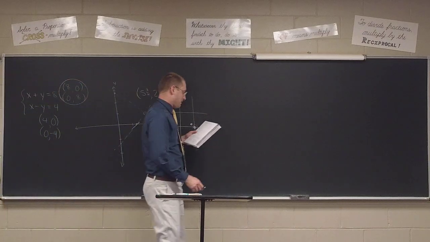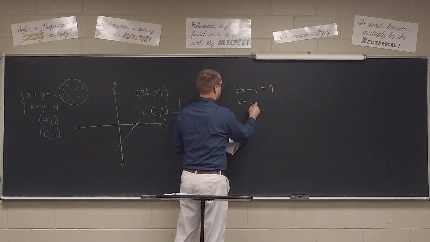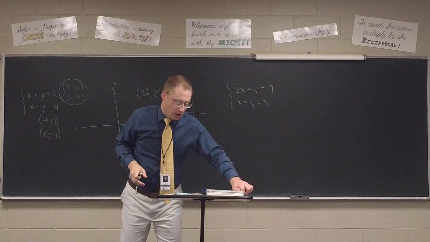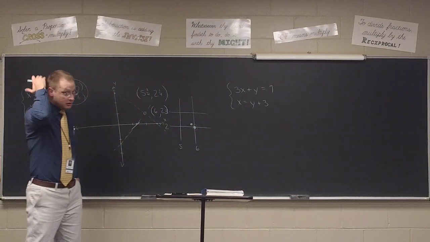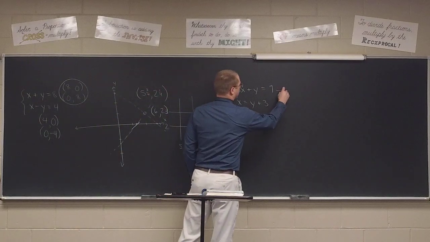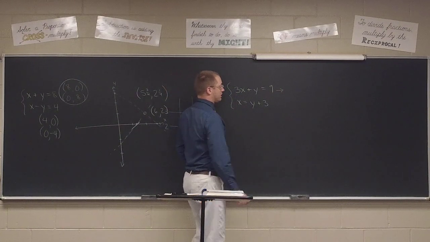All right, number 8, you had 3x plus y is equal to 9, and x is equal to y plus 3. What method do you want to use here, Noah? Slope-intercept form? All right, so the first equation, we just need to move over to get.